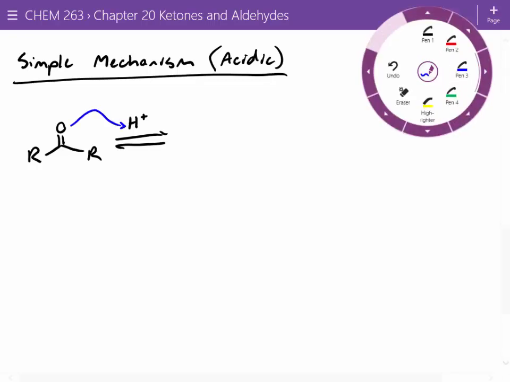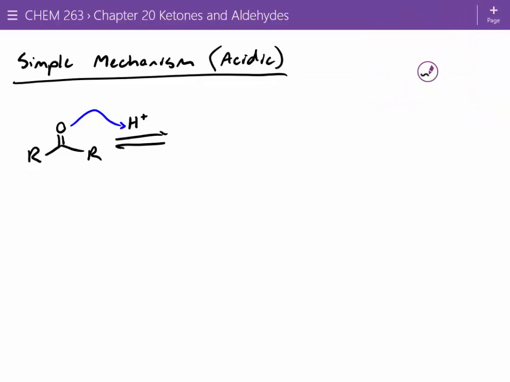So in this case, we can throw in a strong acid like sulfuric acid or tosylic acid, which is an organic acid. And we can protonate our ketone. That gives the oxygen a positive charge. We can draw a major resonance structure for this, where we can say, well, now the carbon has a positive charge and the oxygen's neutral.